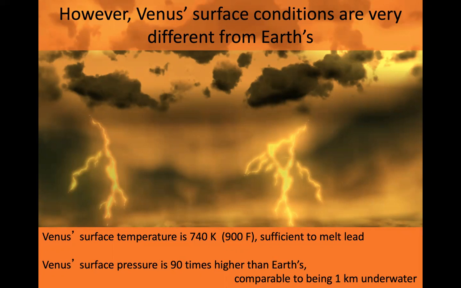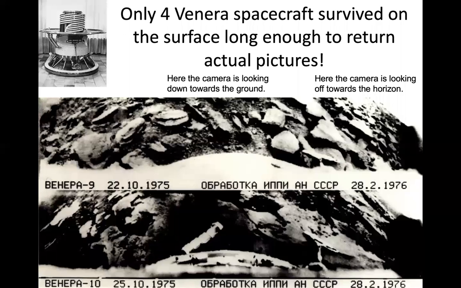So this is a very hostile environment. Now, despite that, there are spacecraft that have been to the surface of Venus, and all 4 of them have returned pictures. So as opposed to Mars, where we have all these beautiful pictures, we have literally 4 pictures of the surface of Venus.